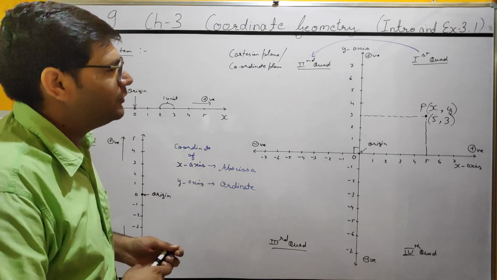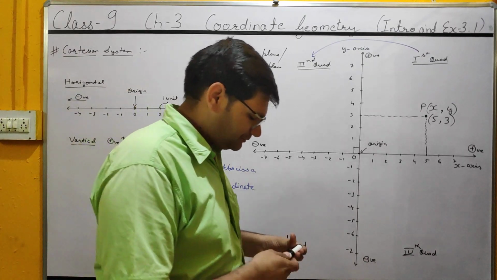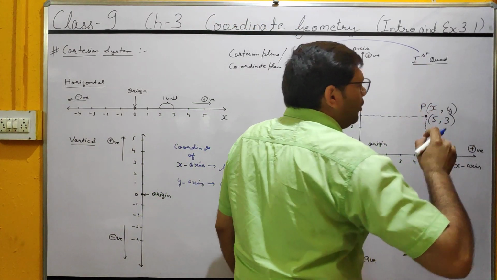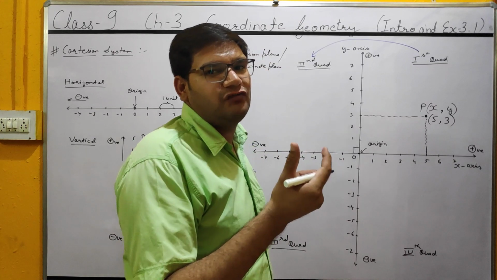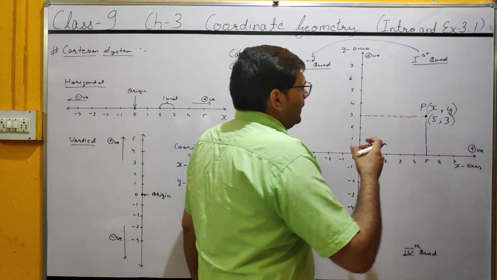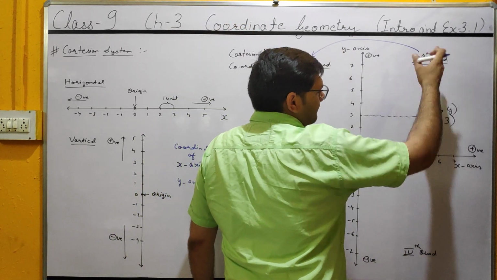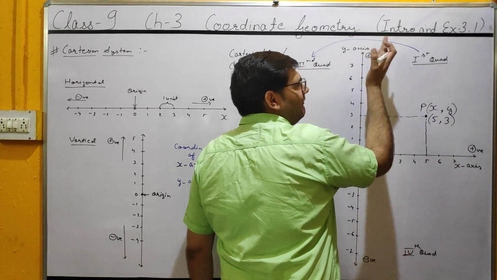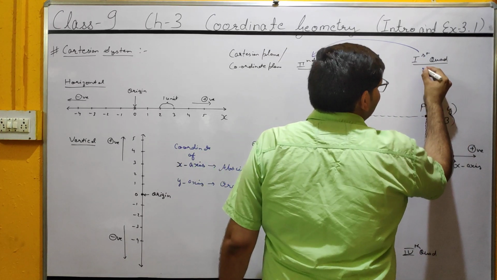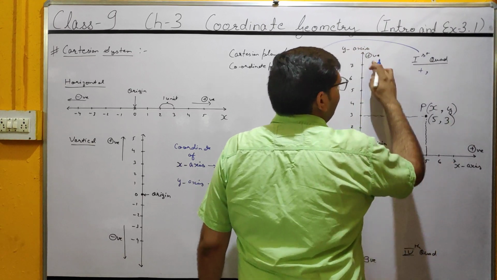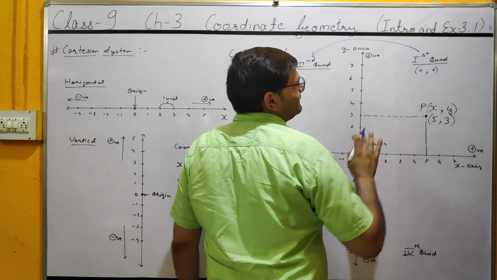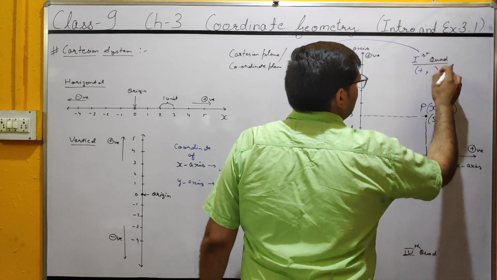Now let's do a few more experiments on it. See, in first quadrant, if I talk about the signs which we use, first of all x will come and then y will come. So for x it is positive, for y it is positive. So I will write it in this way, both the signs are positive.